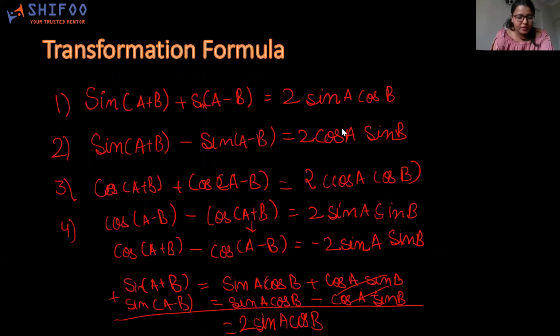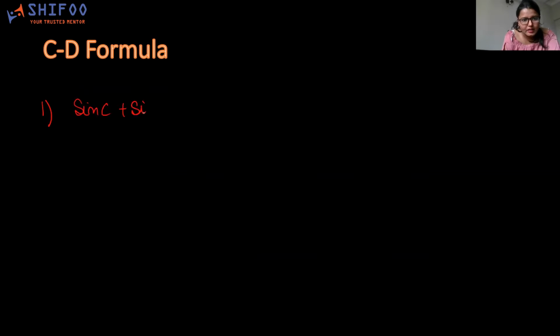So let's move on to the next topic, that is the C and D formulas. We have 4 formulas in this as well, which are in the form of C and D. You must be familiar with them. I'll start with the first one. So sine C plus sine D will be 2 sine C plus D by 2 cos C minus D by 2.